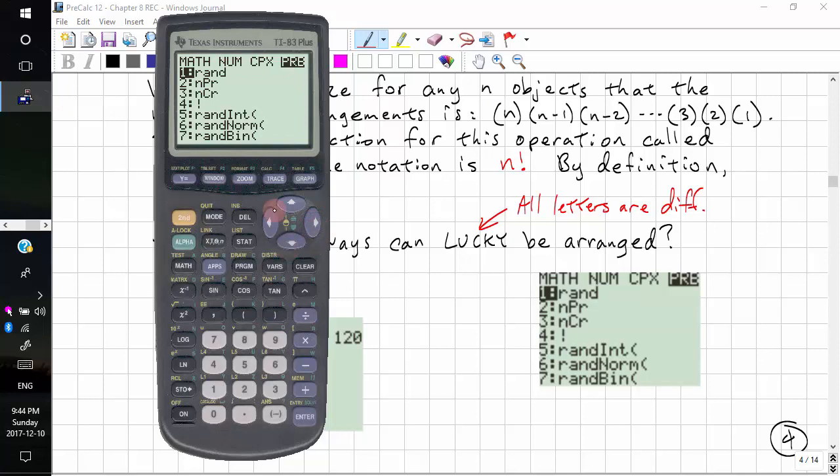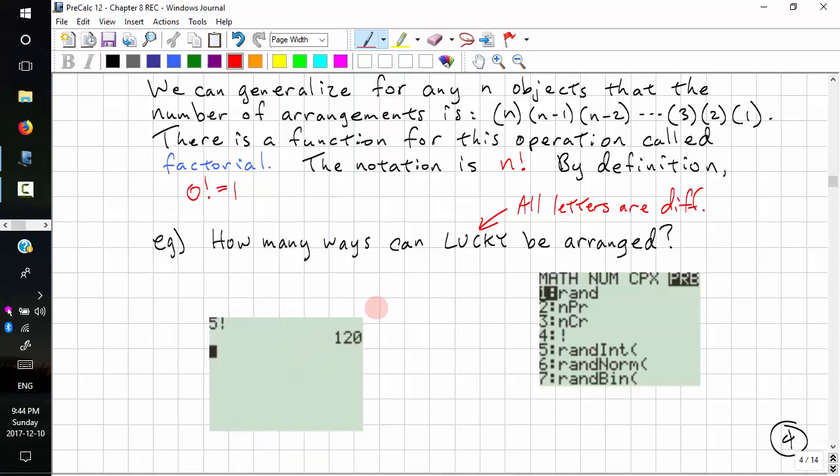And then we just enter 4, or you can scroll down to 4, and then press enter, and we get 120. So 5 factorial equals 5 times 4 times 3 times 2 times 1, and that's 120.